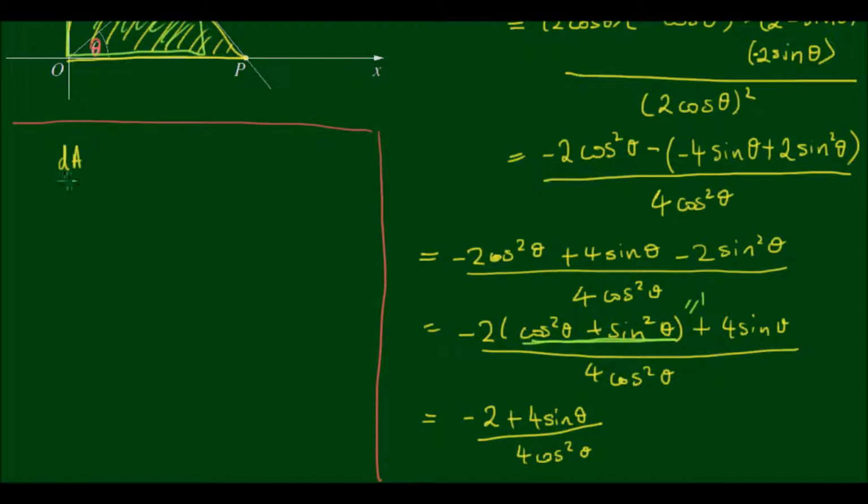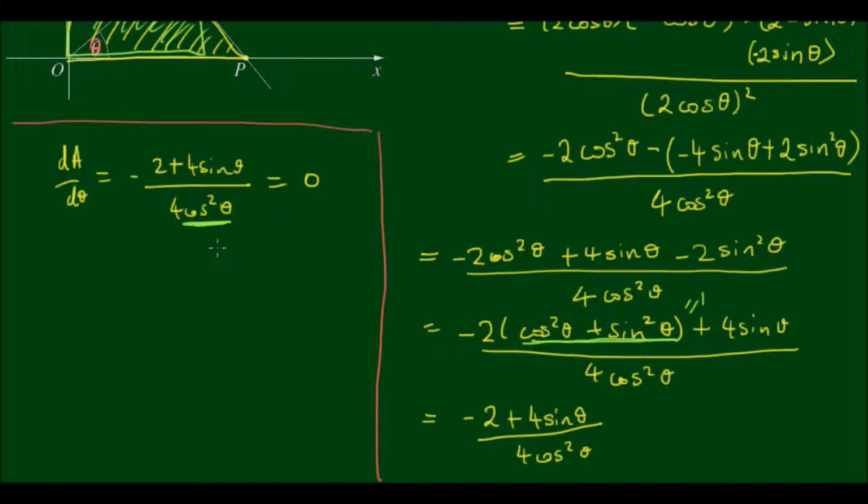Well, dA d theta is equal to negative 2 plus 4 sine theta all over 4 cos squared theta, and we have to set that equal to 0. Just by observing here, this bottom term cannot be equal to 0 because division by 0 is undefined.